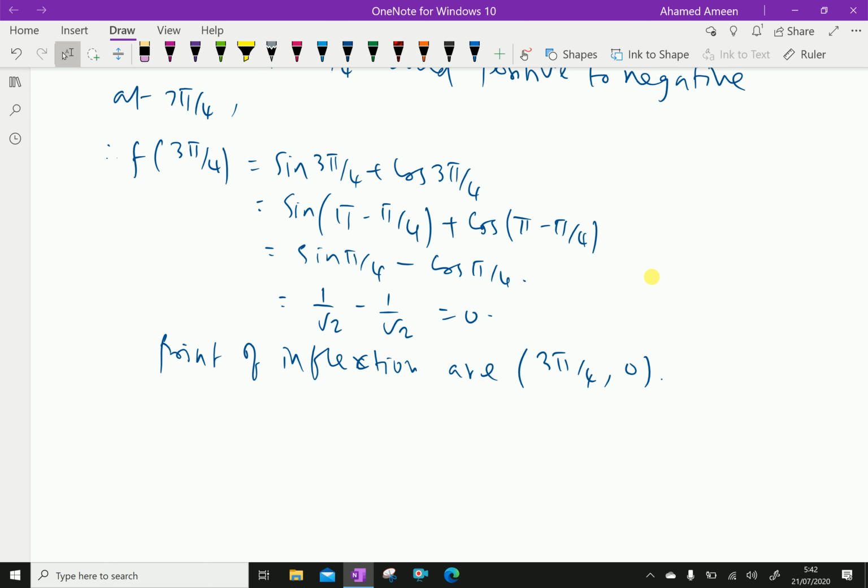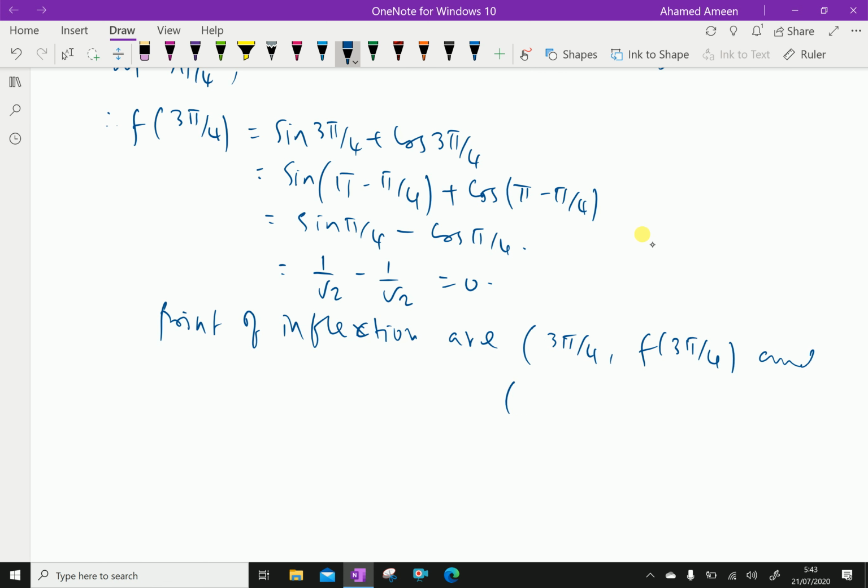And also if we take the second value, 7 pi by 4, the concavity changes, so that is also a point of inflection. First write 3 pi by 4, f of 3 pi by 4, and one more point of inflection is 7 pi by 4 and f of 7 pi by 4.